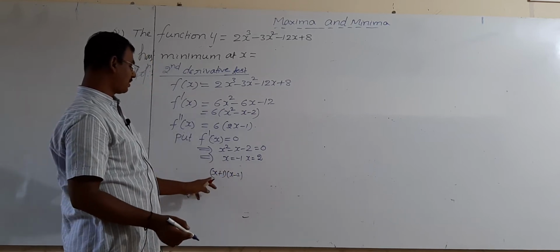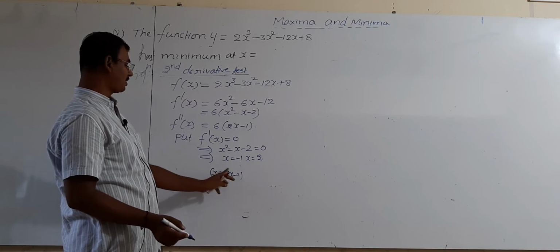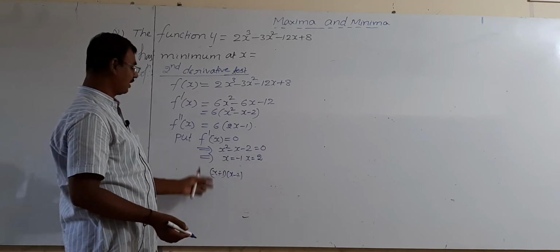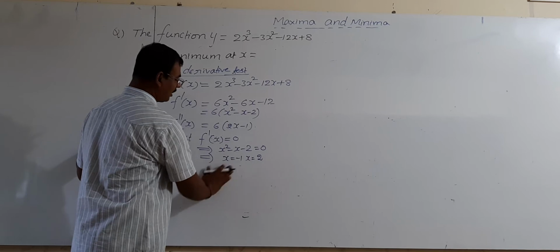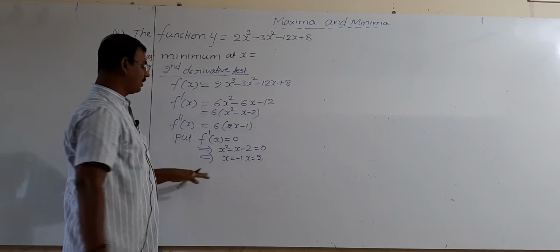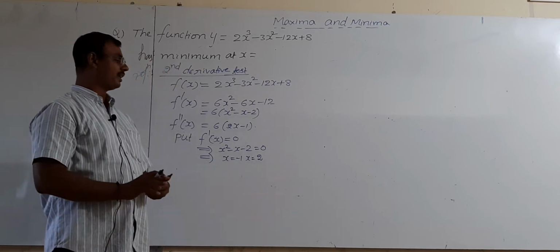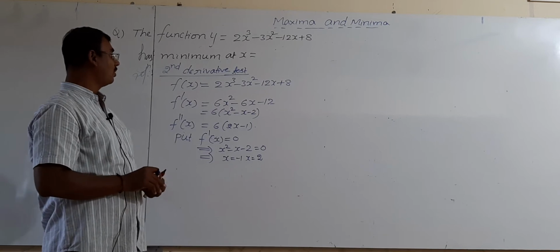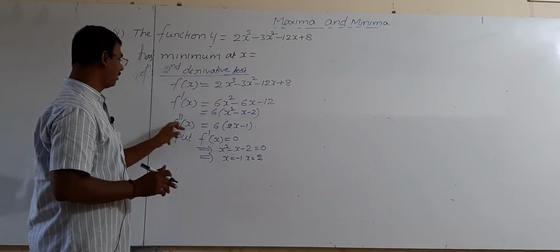So x is equal to minus 1, x is equal to 2. Now we have to check the sign of the second derivative.